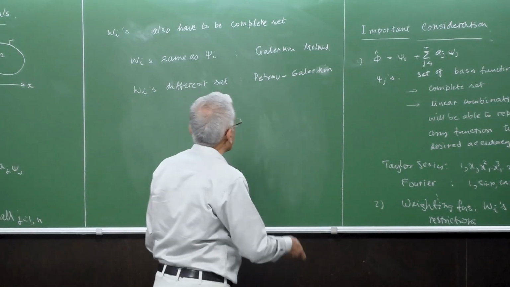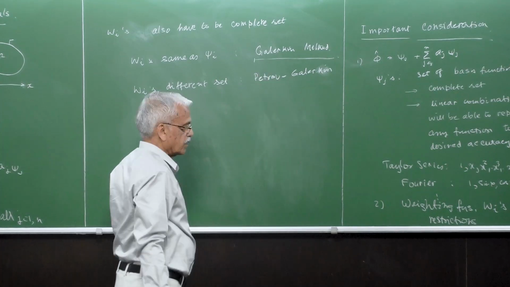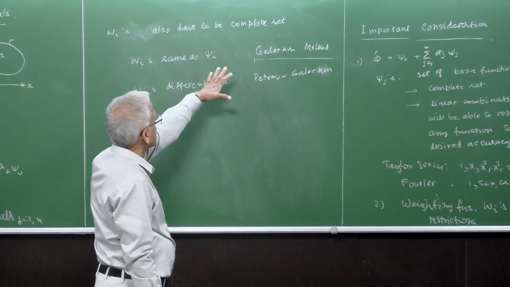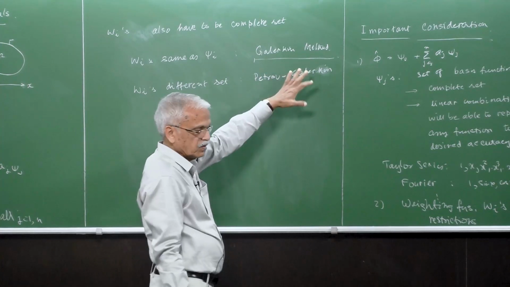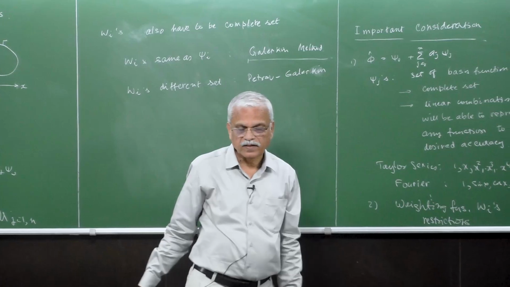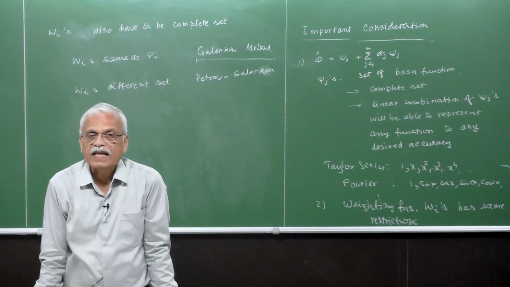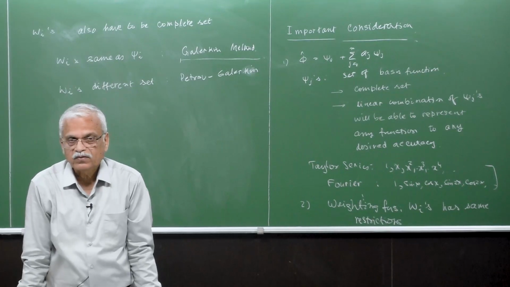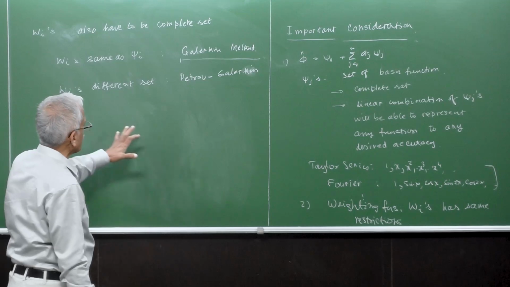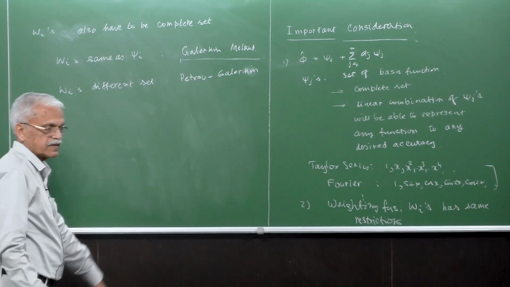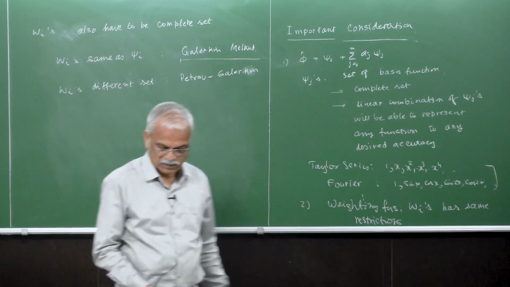However, in our approach, we are going to encounter the Galerkin method. So in general it is a Galerkin. If you use this method, people call it the Galerkin weighted residual method, which means the method where the wi's are the same as the psi i's.